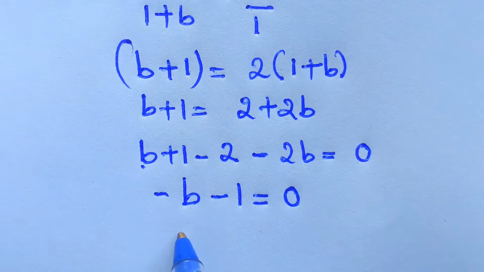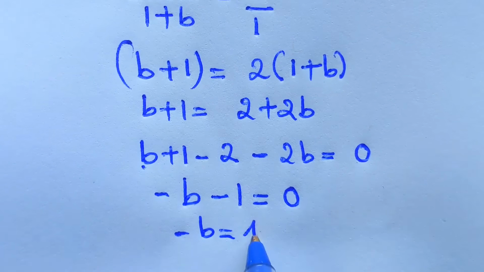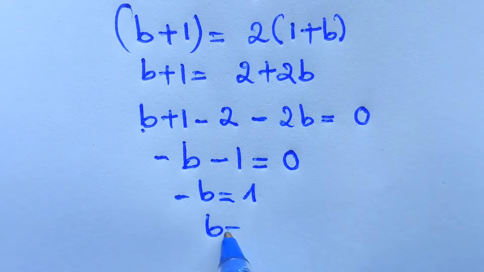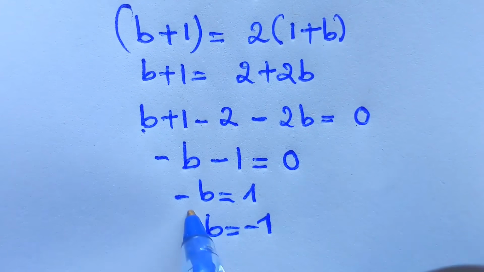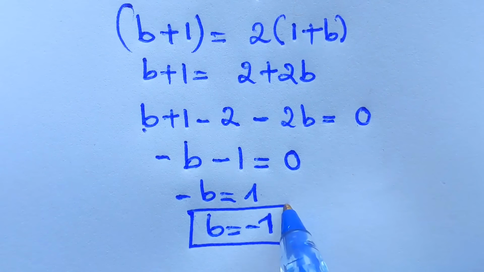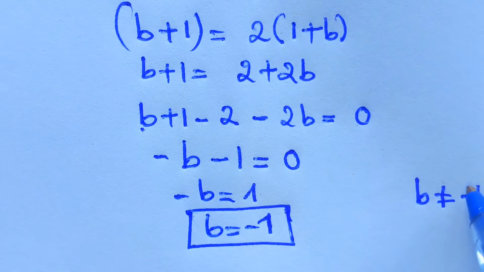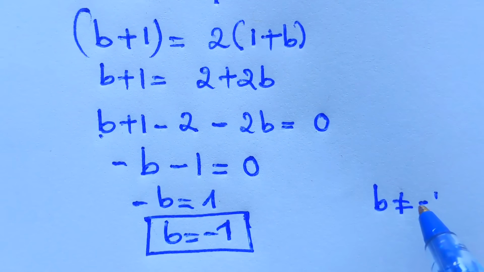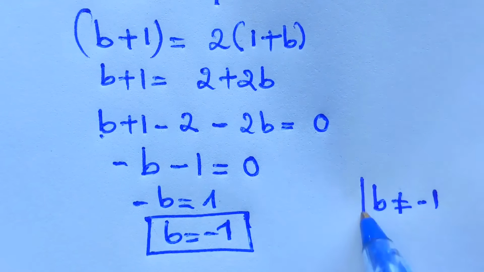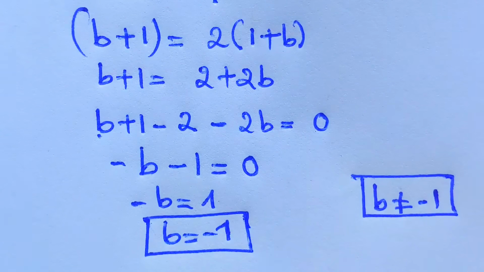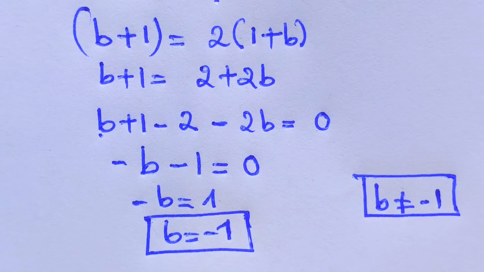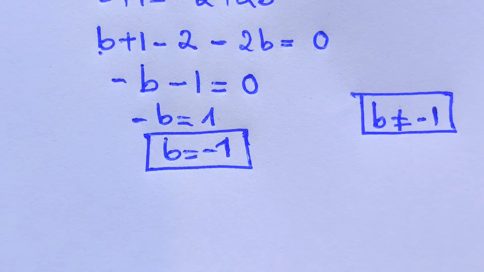And of course here I have negative b equals 1, so that b equals negative 1. According to the denominator we have, b must not equal negative 1, so that this equation shall not get the right answer. That's method 1.